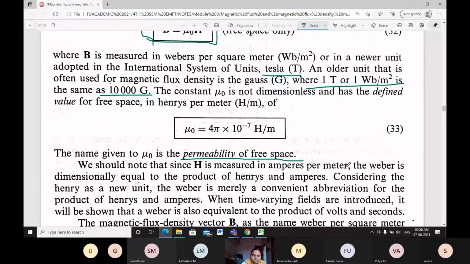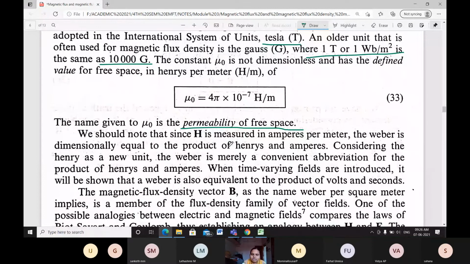The Weber is dimensionally equal to the product of Henrys and amperes, H into the current. Considering the Henry as a new unit, the Weber is merely a convenient abbreviation for the product of Henry and amperes.